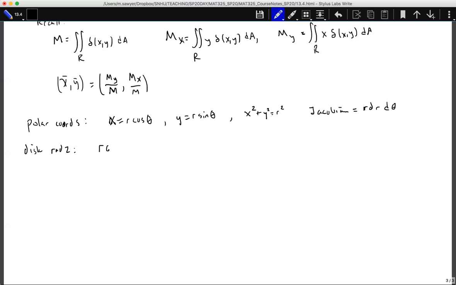So in our disk of radius 2, centered at the origin, our radius r goes from 0 to 2, and theta goes from 0 to 2 pi if we're covering the entire disk.